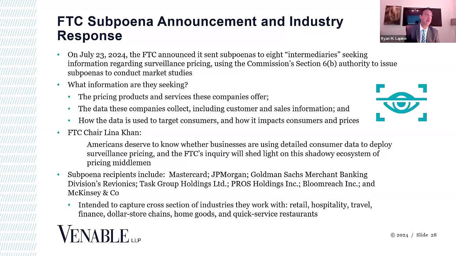And look, we're seeing a proliferation of reference pricing lawsuits across the country. It is a hot item right now. We're also seeing a proliferation of this dynamic pricing that Melissa was talking about. If you were to study economics 20 years ago, this was the dream. You could find out what every consumer was willing to pay. It seemed fanciful. But now that we're here, the FTC is looking much more closely at it.